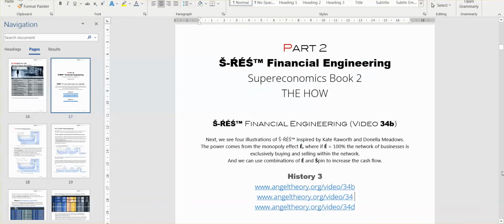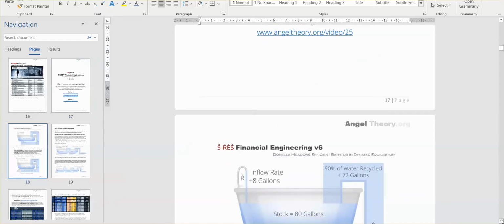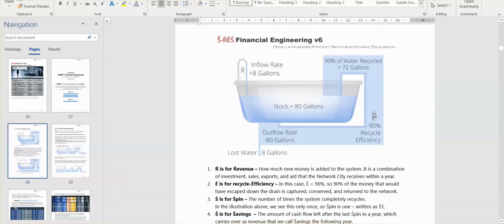This is page 17 of the book, 64 Reasons Why summary. First we see the graphic of how, by recycling the water with an inflow of only 8 gallons, if the outflow is only 8 and 90% is recycled, then the stock of water will go up.